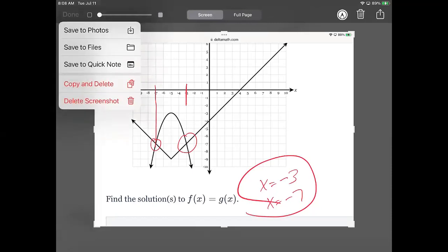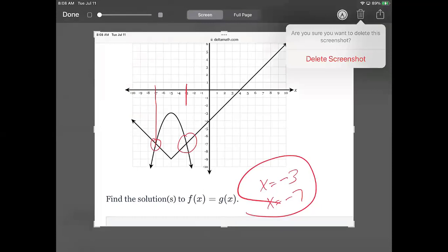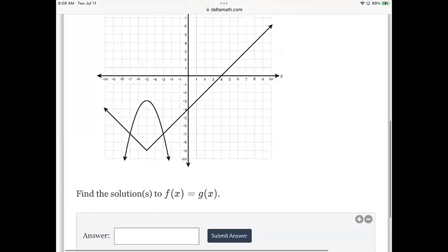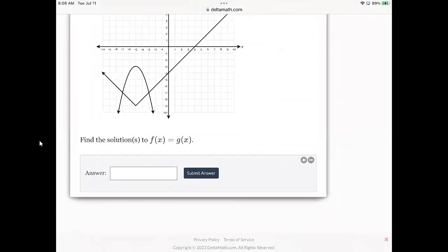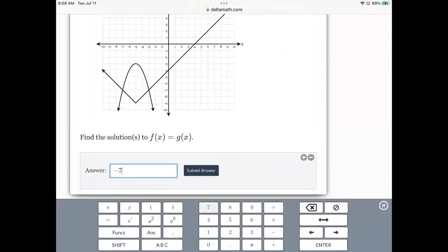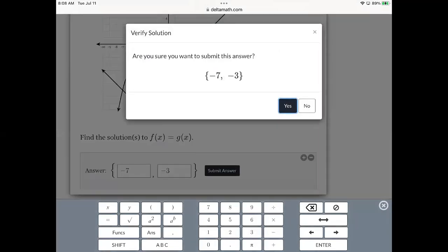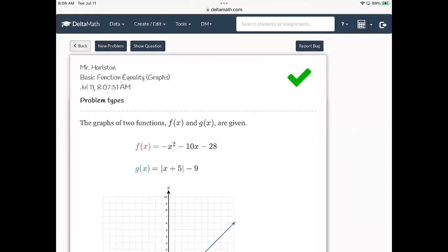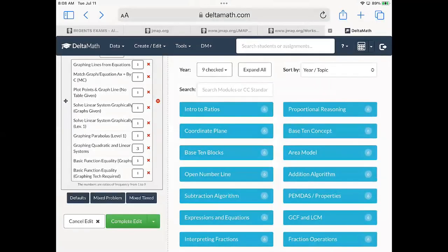So we're gonna delete these. Let's put that at -7, one of our answers. And our other one was -3. Tab over, -3, and then we submit it. So that's all you're doing for those.